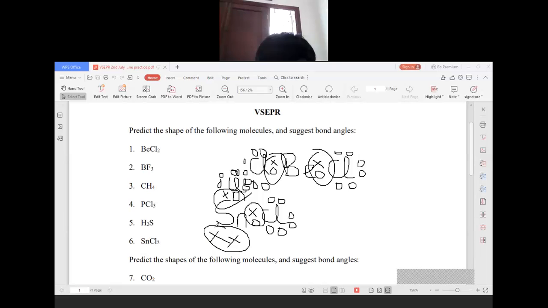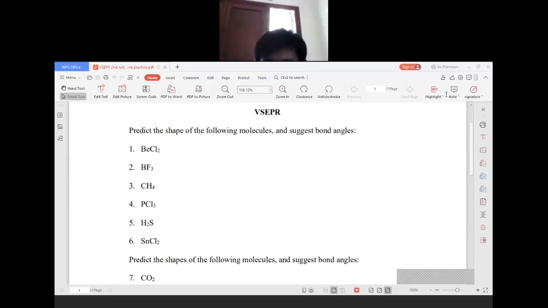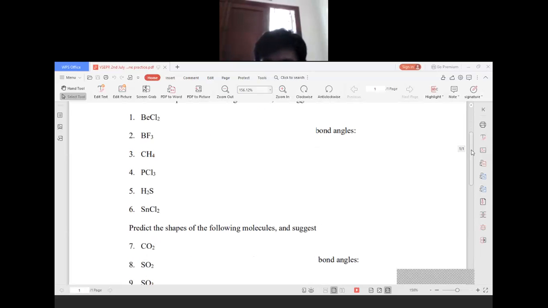The bond angle is 119 degrees. The shape is V-shaped. Okay, the shape is V-shaped. And now let's move forward to number 7.